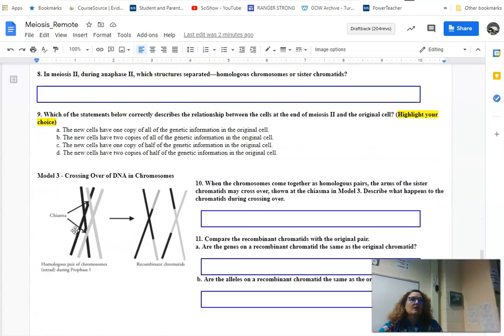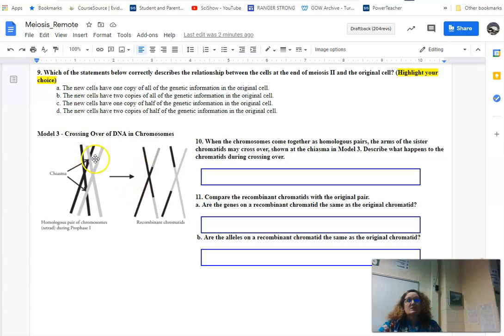Something else that happens during this is what's called crossing over, and we'll spend a little bit of time with crossing over tomorrow in class. These homologous pairs, remember, have the same information, and they actually exchange parts with each other. So this one that was all dark black now has a little bit of the gray on it. It's exchanged part of the information that was here, gone here and here, vice versa.